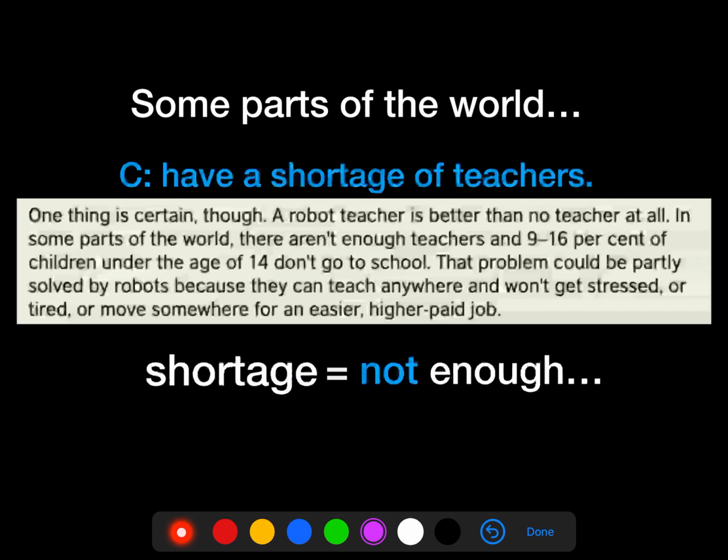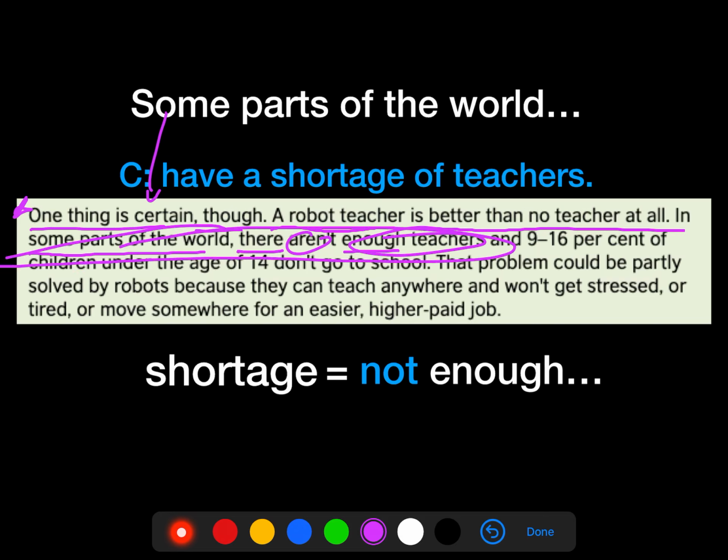So where can we find this answer? We can find this answer from this paragraph. Let's read from the beginning. "The one thing is certain, though. A robot teacher is better than no teacher at all. In some parts of the world, there are not enough teachers." They wrote "not enough."